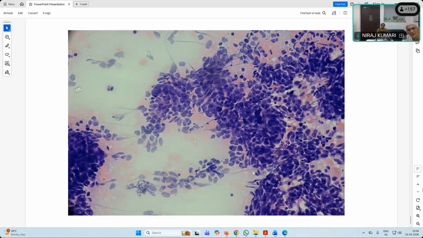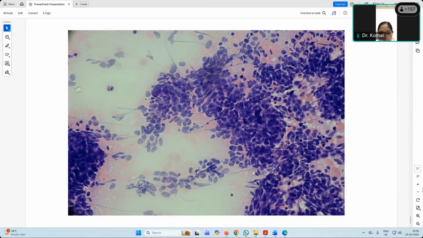If you see here, you can see these sheets or aggregates of cells, which are loosely cohesive. And what else? You can see some overlapping here. What else can you see? Komal, can you describe?